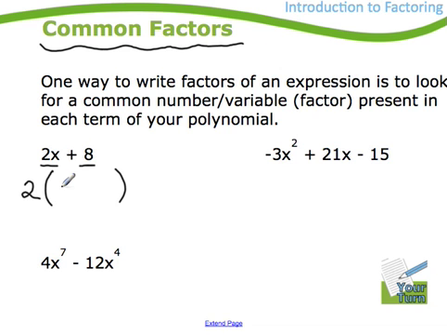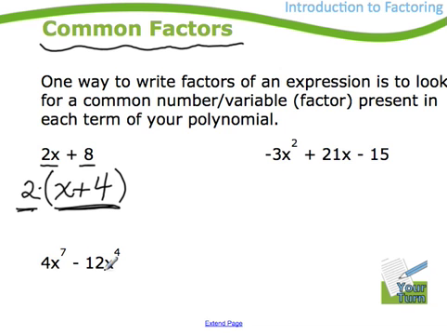So 2x divided by 2 would simply be an x. 8 divided by 2 would be a 4. And we'll continue the plus in there. So here I have two factors of 2x plus 8. In other words, I have two things, a 2 and an x plus 4, that when you multiply them together, they give you this.